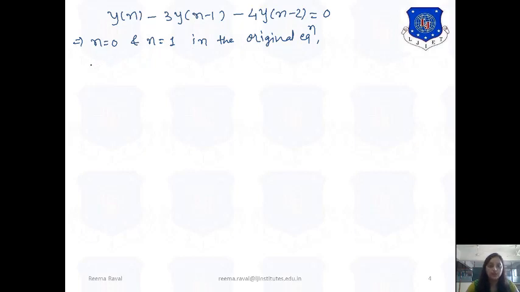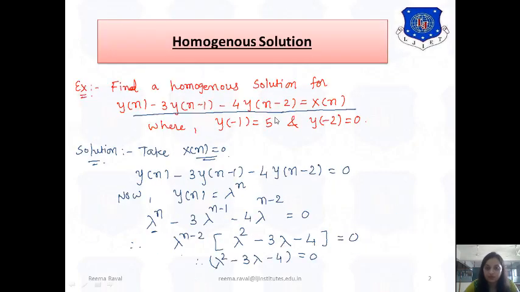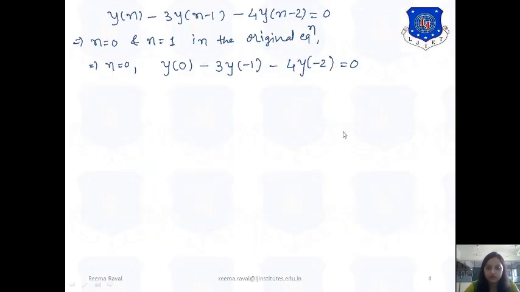Okay, so first, placing n equals 0, we will get y of 0 minus 3y of 0 minus 1, that means y of minus 1, minus 4y of 0 minus 2, that means y of minus 2, equals 0, right? But here in the data, the values of y of minus 1 and y of minus 2 are provided, which is y of minus 1 is 5 and y of minus 2 is 0. So let's place those values.